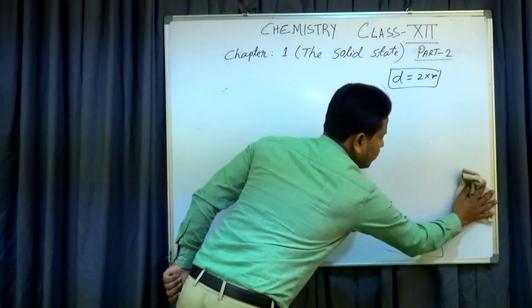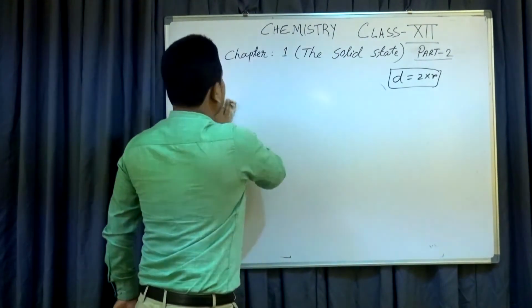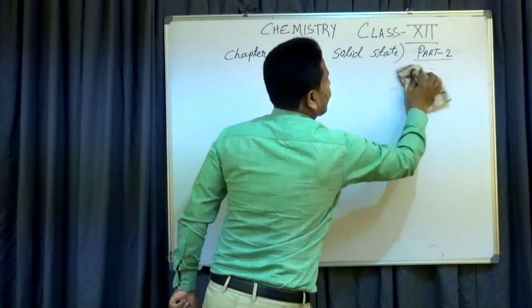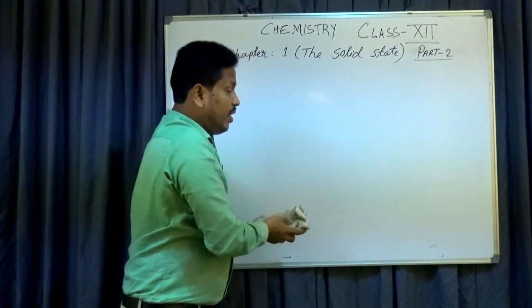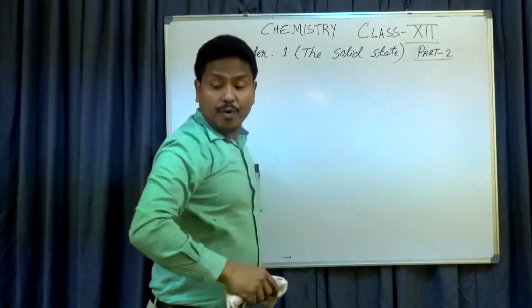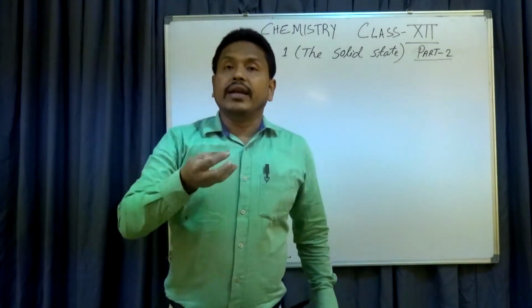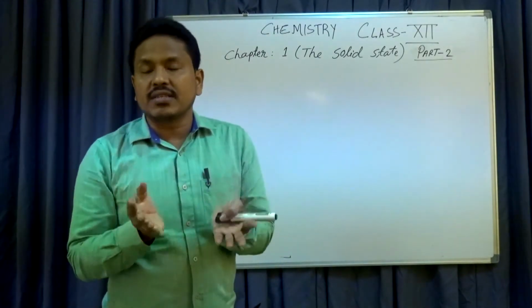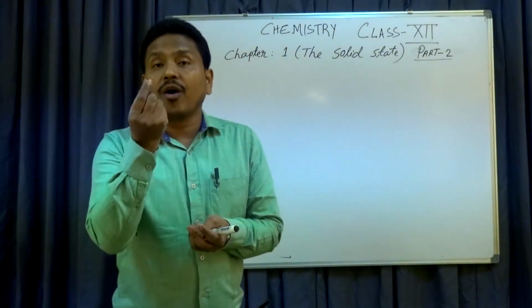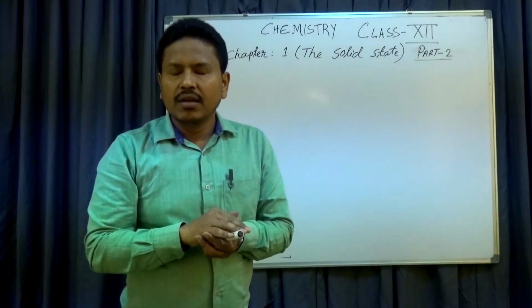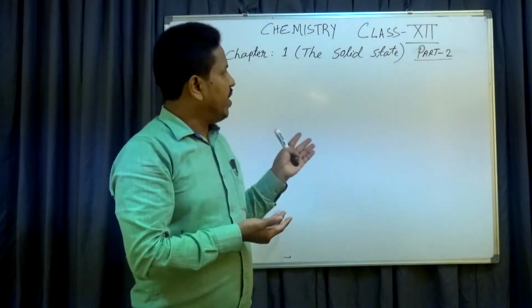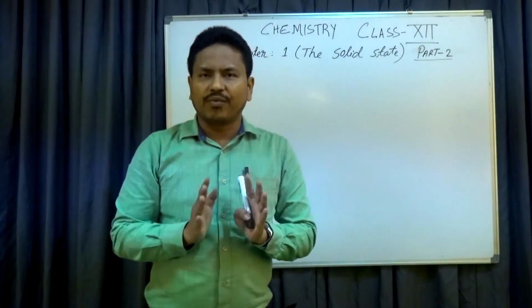So students, today we have discussed various types of unit cells and important terms: edge length, radius of atom, nearest neighbor distances, and the number of atoms per unit cell Z, and how to calculate their values for various types of unit cells. These are very important for you.